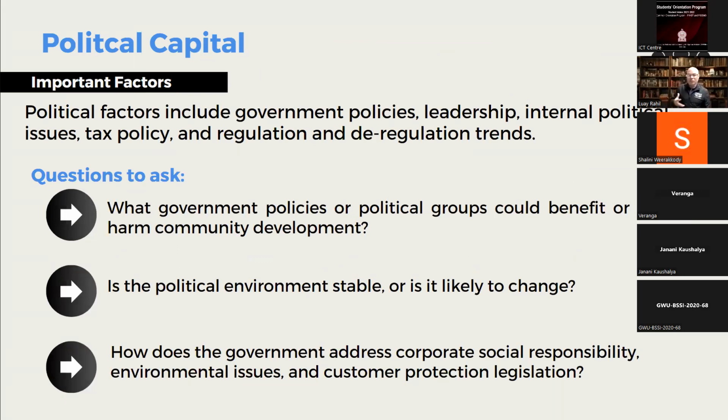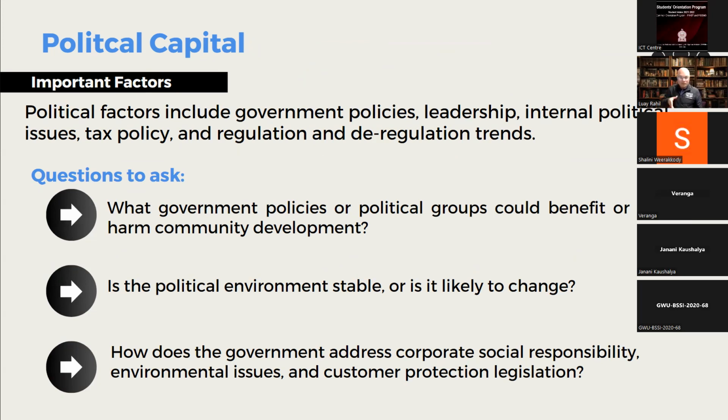So, the political climate. There are a lot of factors that go into building a community. Number 1 is the political climate. It includes government policies, leadership, internal political issues, tax policy, regulation, and deregulation. We want to make sure the city, community, or organization has the political climate to be able to build a community.